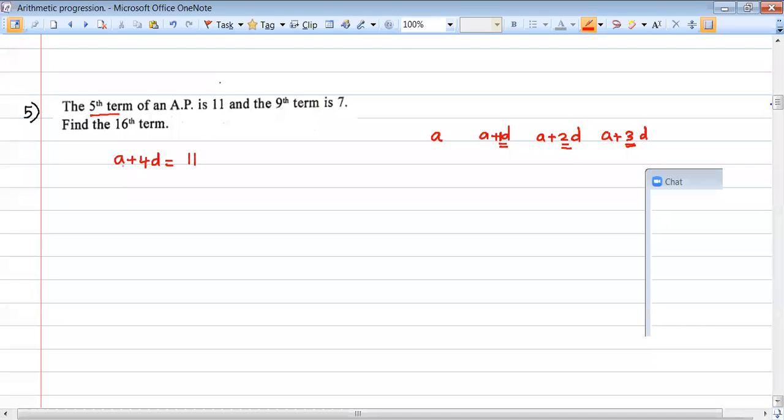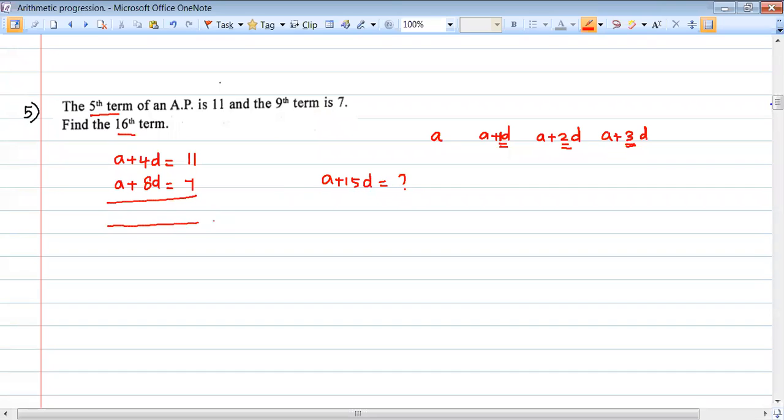What about the ninth term? A plus 8D is equal to 7. We have to find the 16th term. So the 16th term is A plus 15D, correct? Now, by using these, can you find the value of D? Yes, do the subtraction. A cancels, so you get minus 4D is equal to 4. Got it? Then D is equal to minus 1.